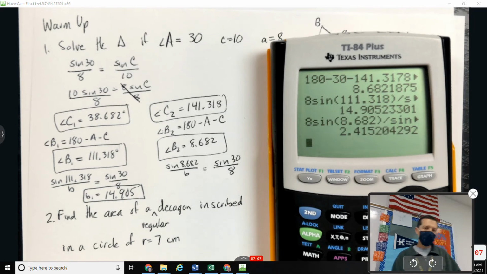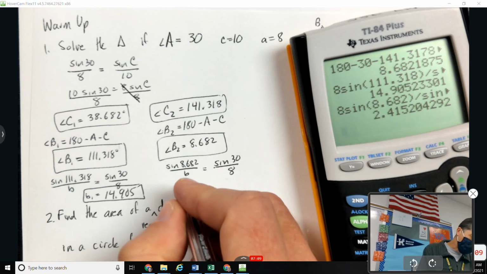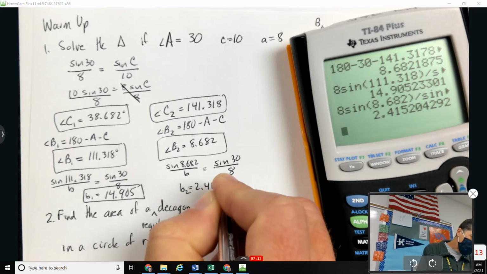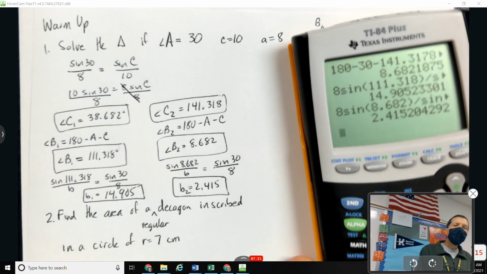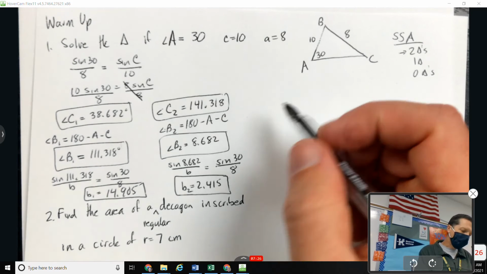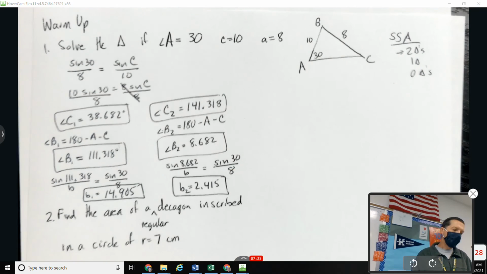So that one's smaller, but it was across from a really small angle. So that's as bad as it gets for the type of problem tomorrow, but there will be one of those on there. The law of sines, ambiguous case, you might have two triangles.